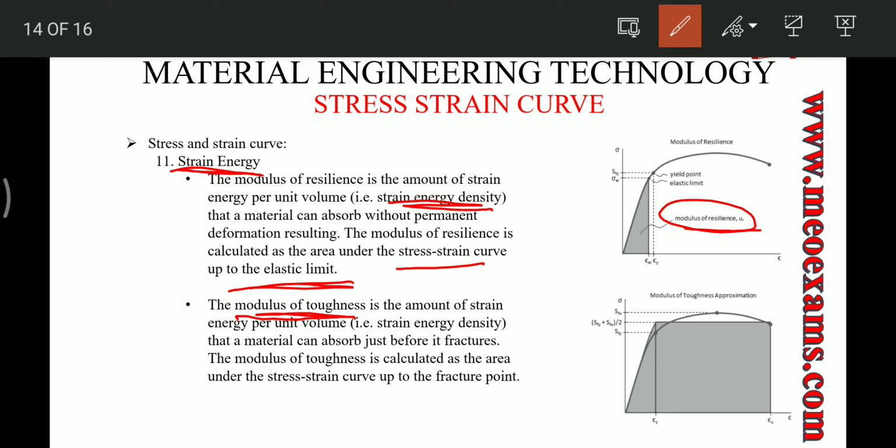This represents the whole area inside the curve, meaning the elastic region plus the plastic region. Both areas are represented by the modulus of toughness, also called the strain energy density. Basically this is the energy absorbed by the material just before fracture. This is the fracture point. So it is the total energy per unit volume up to the fracture point.